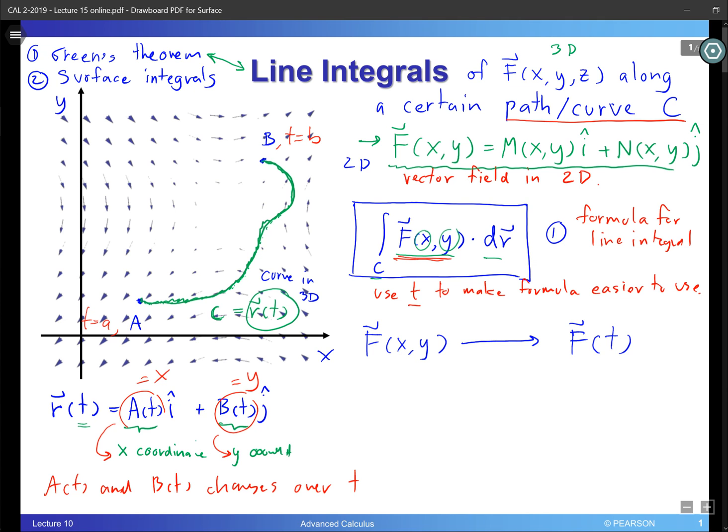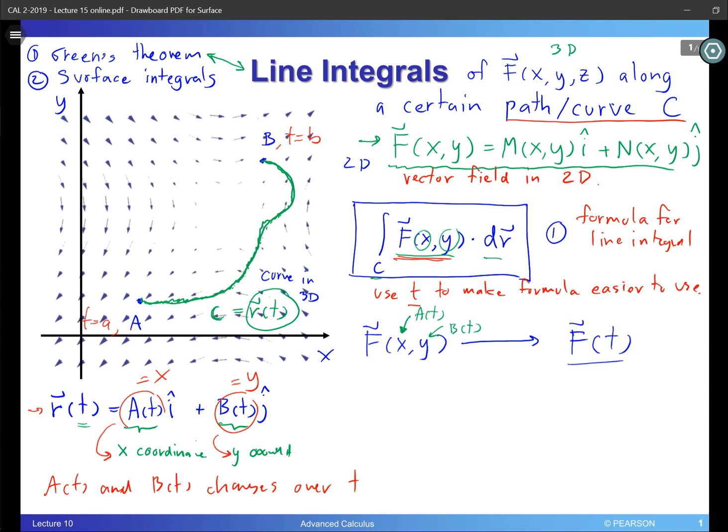So all we need to do is to substitute this coefficient in front of i and j from r into here. This x here, we just substitute a of t. That represents the coordinate along the curve. And here, this is b of t. And in the end, you are going to get this f that depends on t.